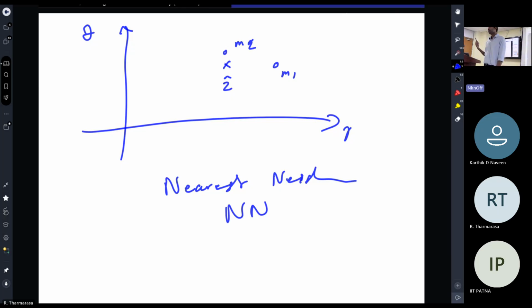M2. Any other answer? Could you raise your hand if you think the answer is M2? You have to raise your hand for one of the options, okay? M1? None of them? Okay, but in this one, what do you see? Visually.